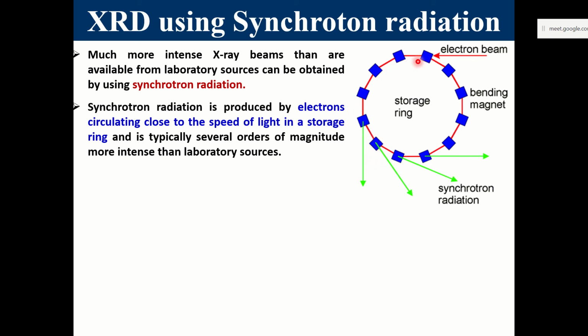And as it bends, there is acceleration. In a circular frame, whenever you are moving, there is always a change in direction, and there is always acceleration happening. In this case, any accelerating particle will generate radiation, losing some energy in the form of radiation. This is Maxwell's theory that is utilized here.